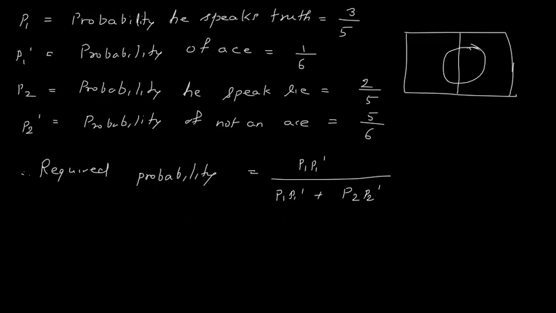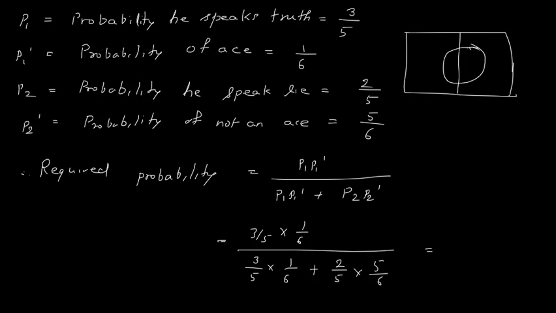So here it is equal to 3 upon 5 into 1 upon 6 whole divided by 3 upon 5 into 1 upon 6 plus 2 upon 5 into 5 upon 6, and you will get answer as 3 upon 30. This is the required probability.